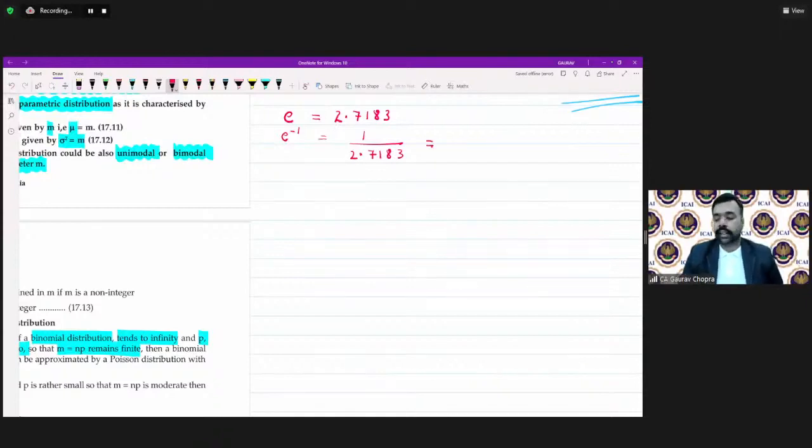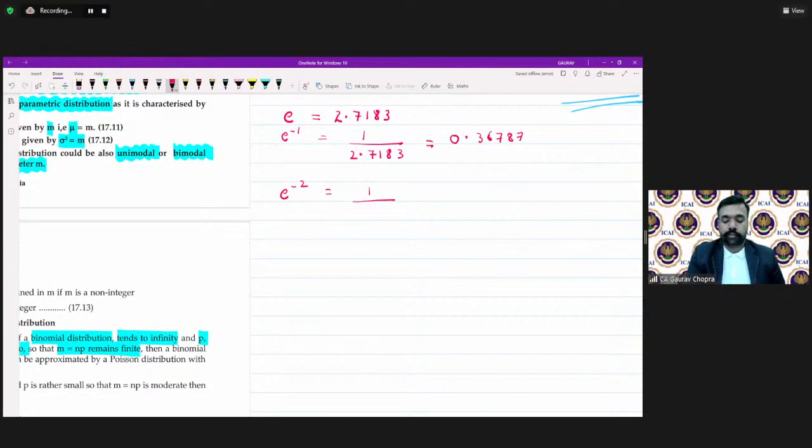You can divide this and get the answer. 1 divided by 2.7183, so how much are we getting? 0.36787.